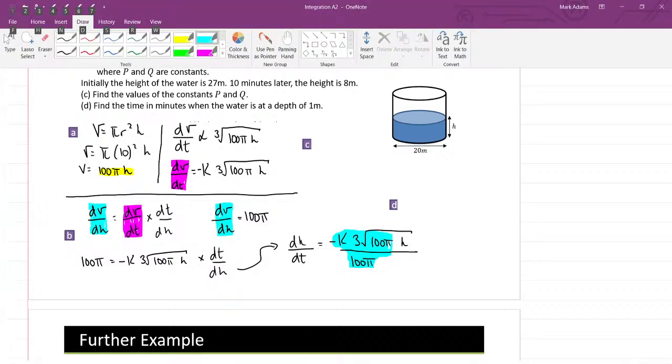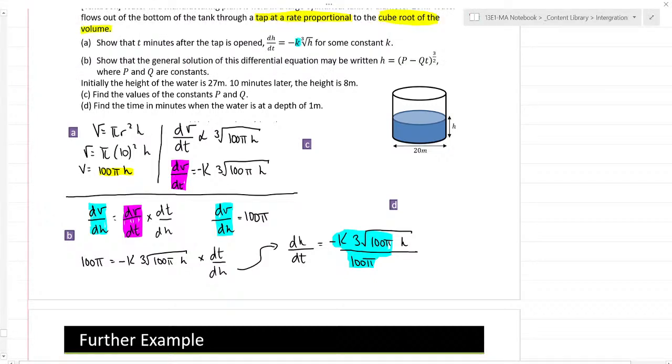So k, that highlighted part, is equal to minus some constant c, cube root of 100 pi over 100 pi. Does that make sense? So that blue part, which I've just highlighted, now notice I've changed the c to k because the starting point was k. Can you see why I've done that? Because it's a constant, I should have used a different constant at the start. But usually when you're doing proportion, you use k, don't you?